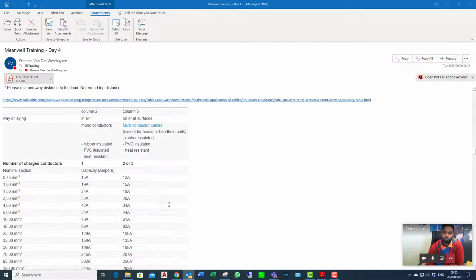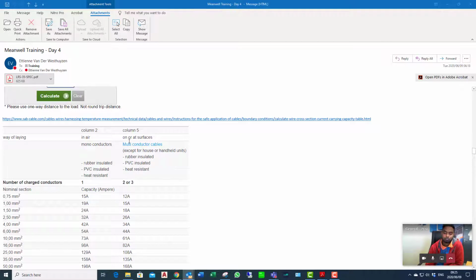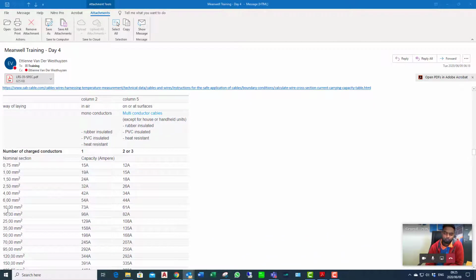Just to explain to you, if you do a lot of cable design work, you'll see that a 4mm cable can go up to 42 amps, or a 1mm is 19 amps. So if a power supply can supply very high amps, like 50 or 100 amps, that person needs to choose the correct cable, because we've also had people supply the wrong cables.